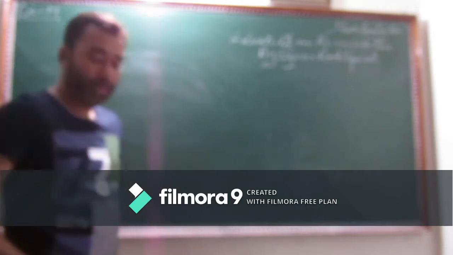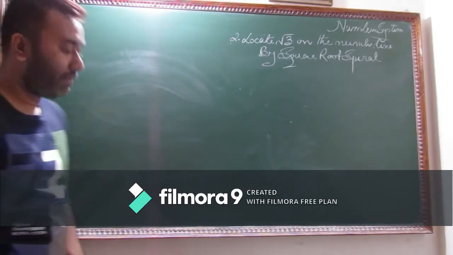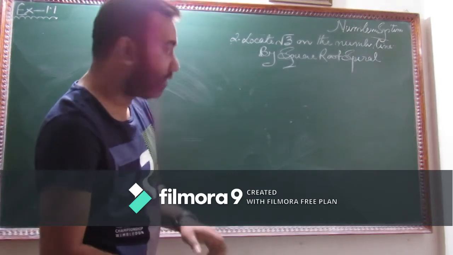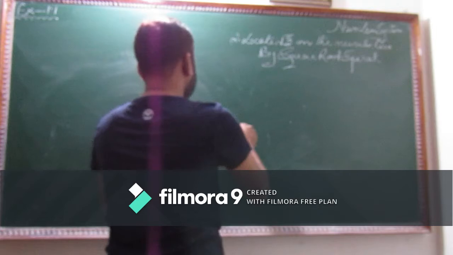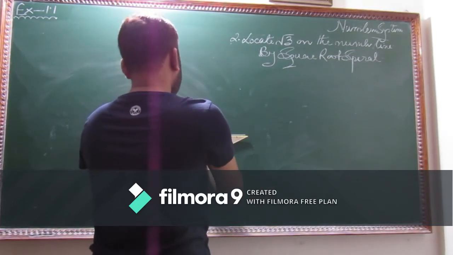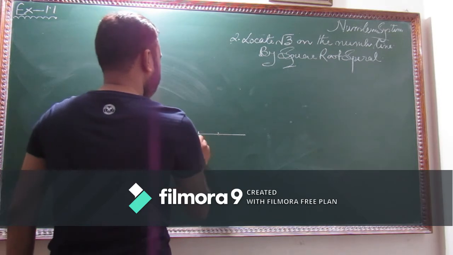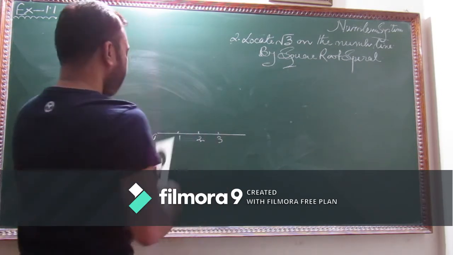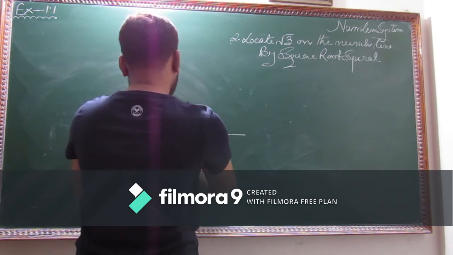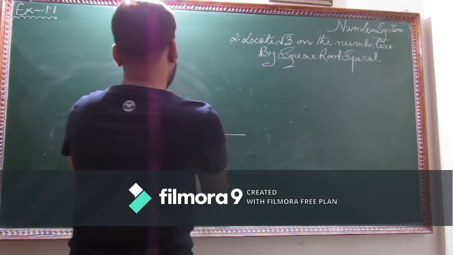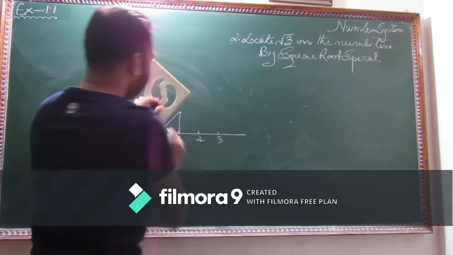Okay, so if I have to draw the square root spiral, then I have to start with root 2, in the same manner. This is 0, 1, 2, 3. Now I am going to draw 1 here. So this is now root 2.